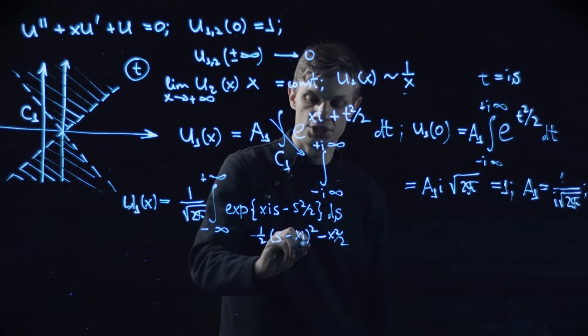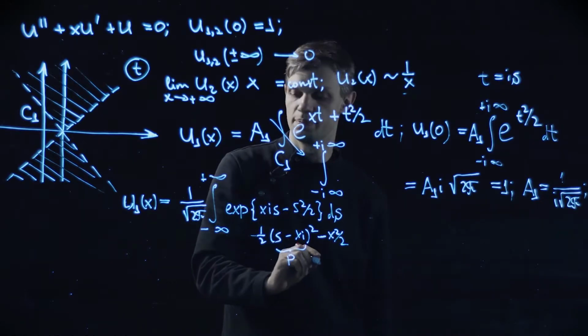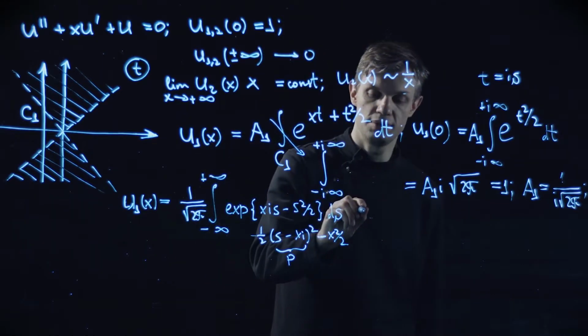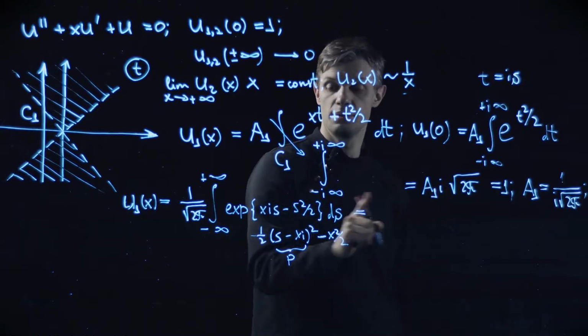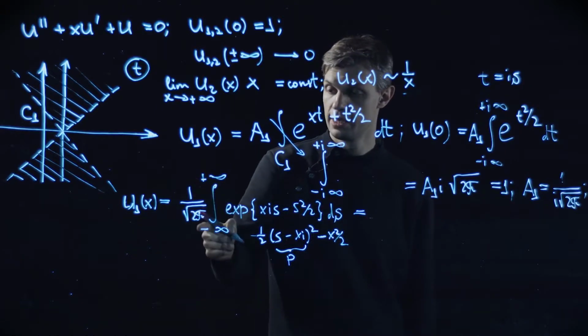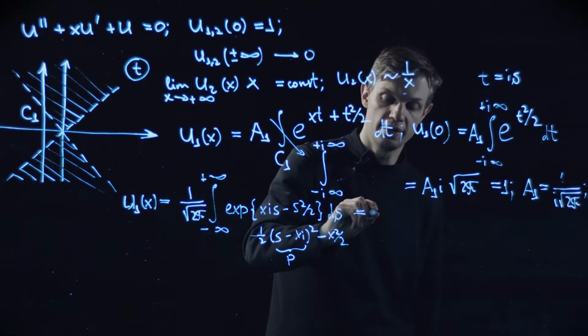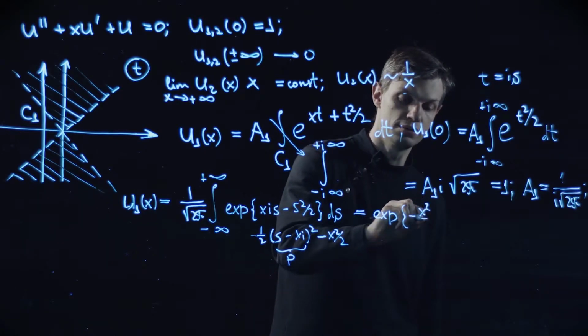If we make another change, s minus x equals p, then we have another Gaussian integral, and it will give the same kind of result. It is equal to the square root of 2 pi, so it will cancel this square root of 2 pi, and the result will be the exponential function of minus x squared over 2.